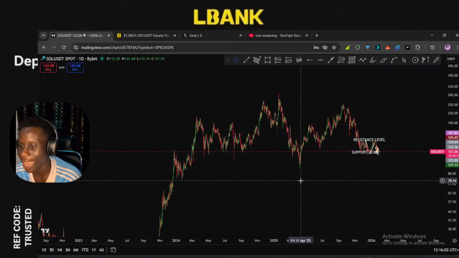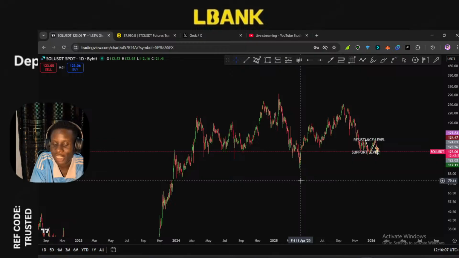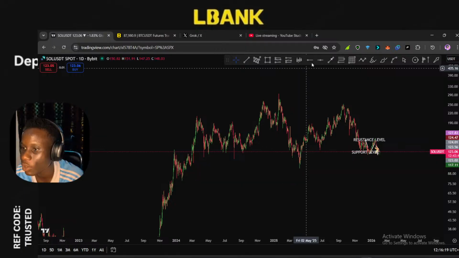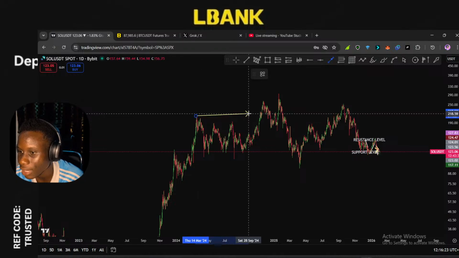So let me highlight something right here using the price action pattern, the breakout, the breakout entering model, as well as the reversal strategy. So let's see what we have here. We have this previous resistance right here.